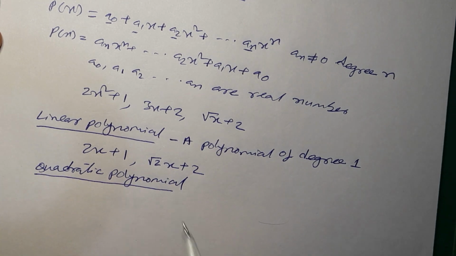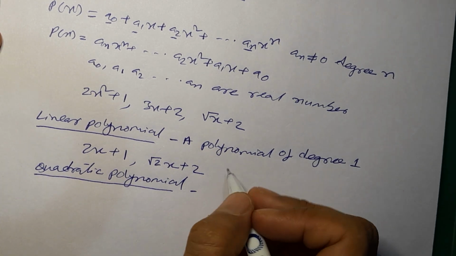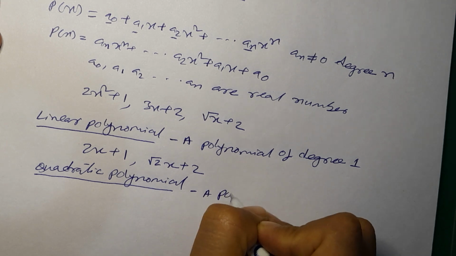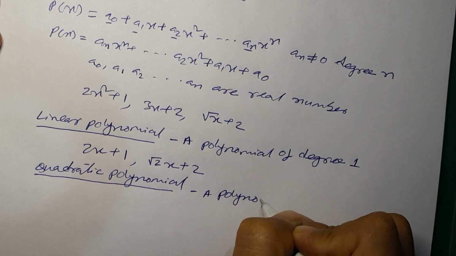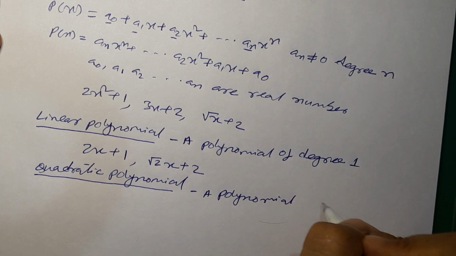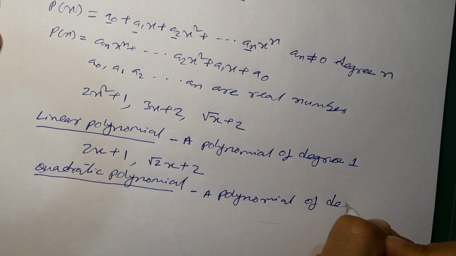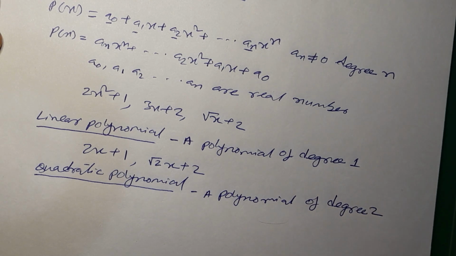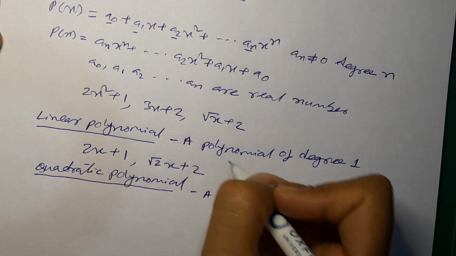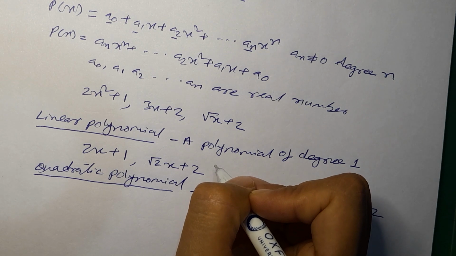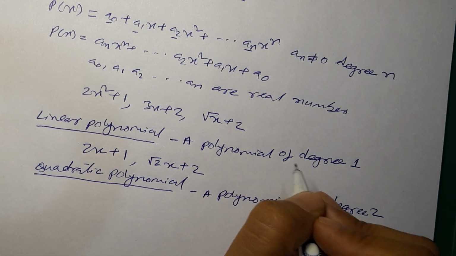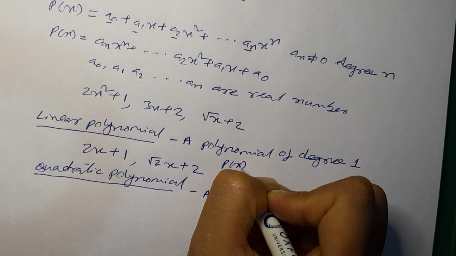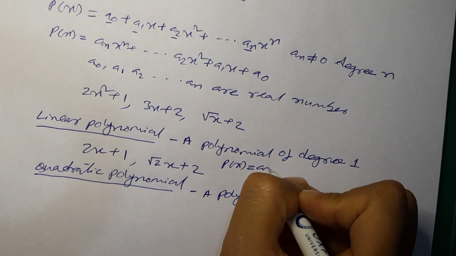What is a quadratic polynomial? A polynomial of degree 2. In the linear polynomial, it can be written as p of x is equal to ax plus b.